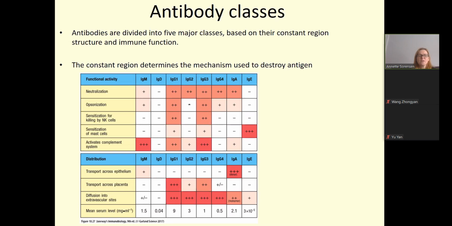If you look at the functional activity, with neutralization, for example, IgA is very good and uses that mechanism a lot, while IgD does not use that mechanism to destroy antigens at all. You can also see that some are better at activating complement, for example.